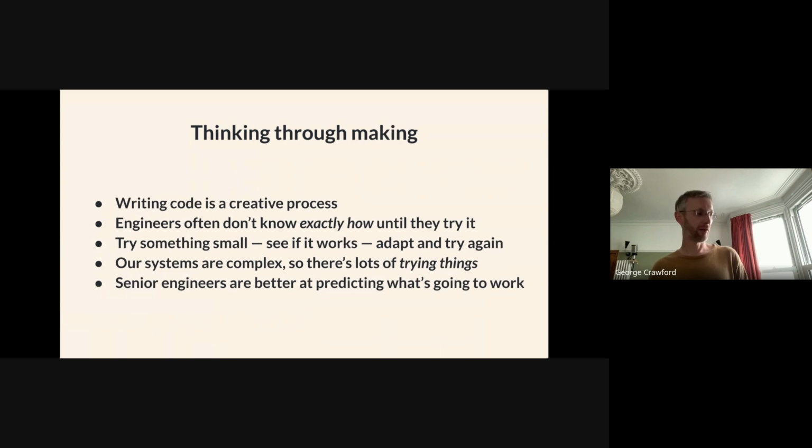So the more senior an engineer is, the more likely they are at guessing what might work up front, or predicting the problems that are going to crop up in the future with the approach that they might be taking, and coming back and fixing those.